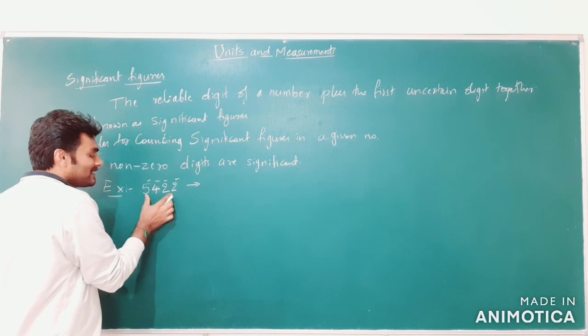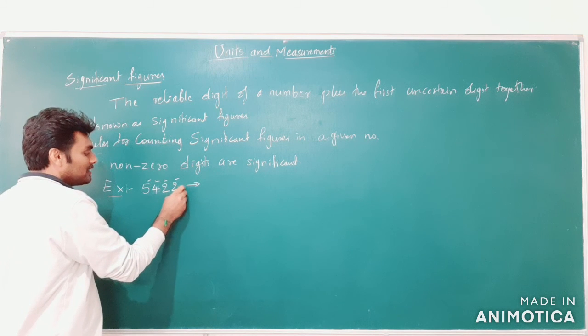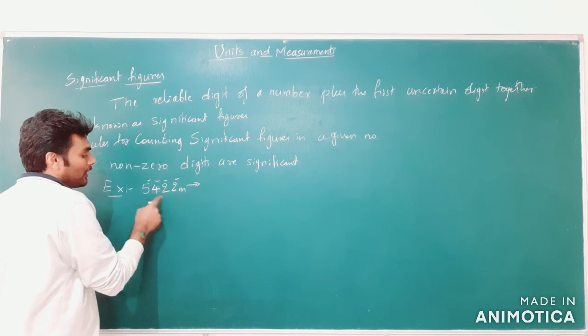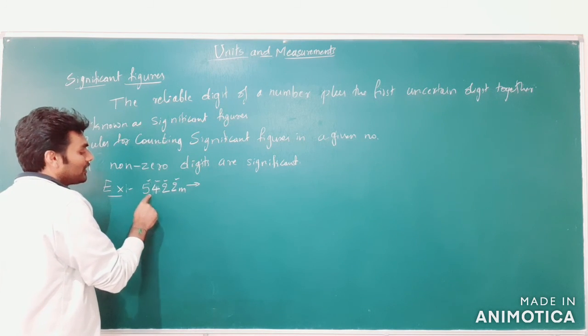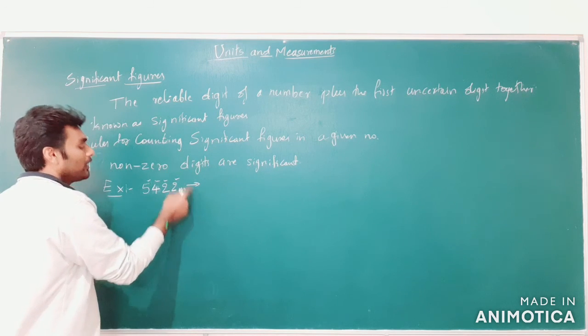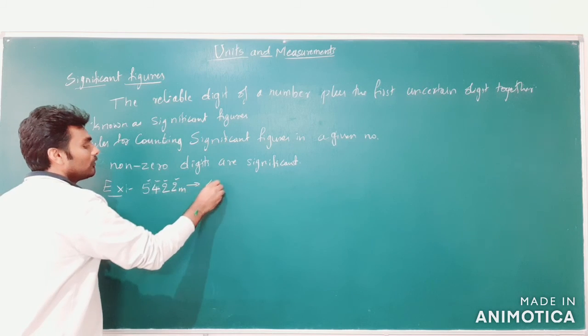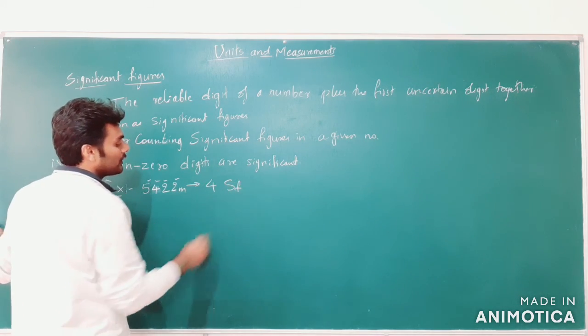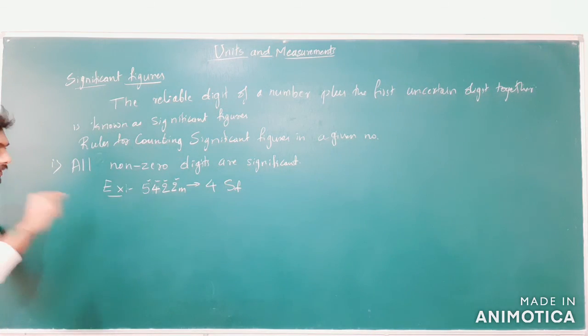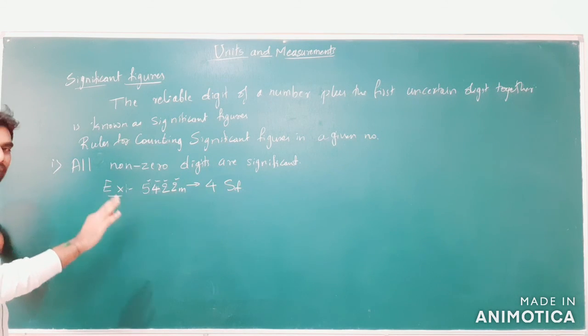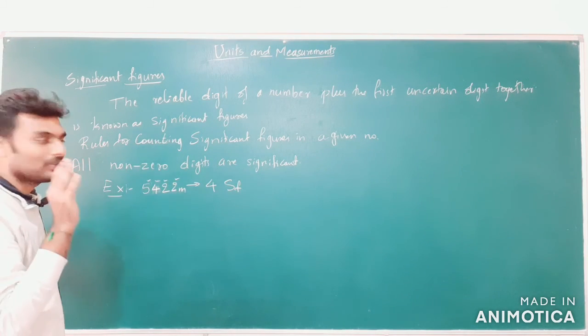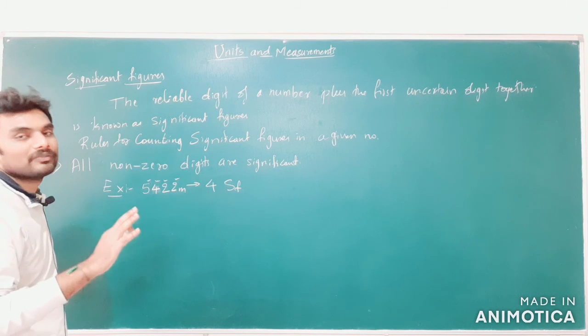It's a measurement, say its length, so that the complete value becomes 5422 meters. So for this number, I have 4 significant figures. That is the first rule. Very simple. All non-zero digits are significant.